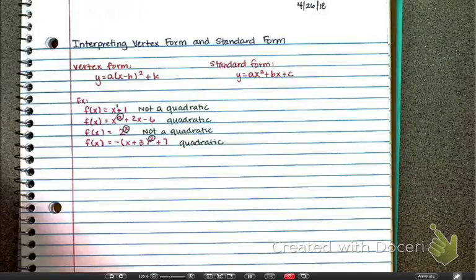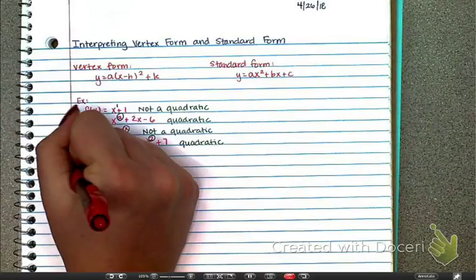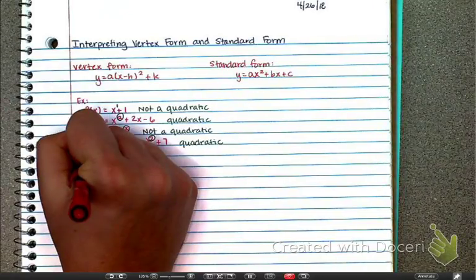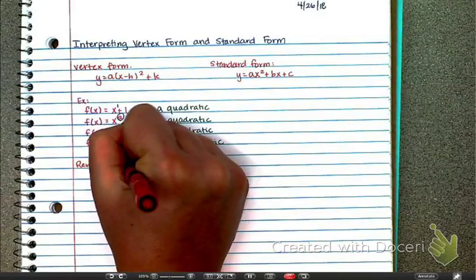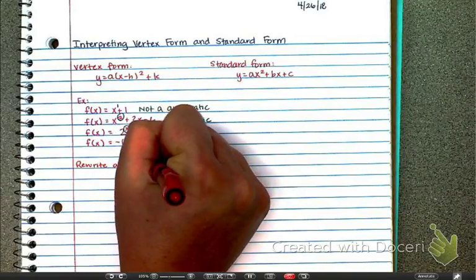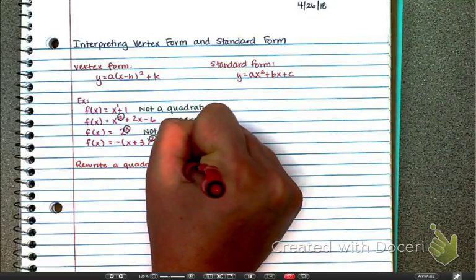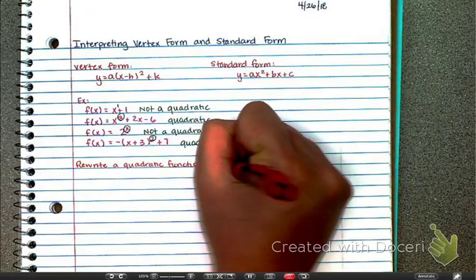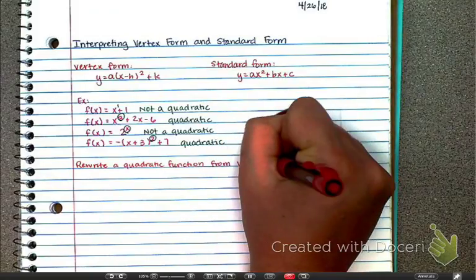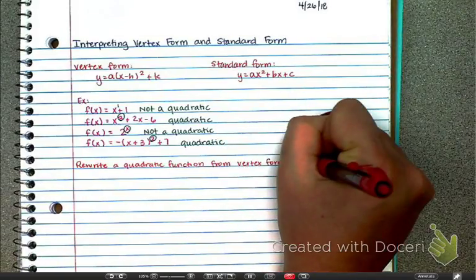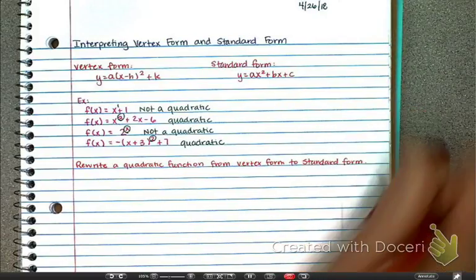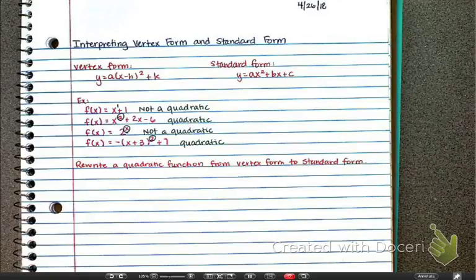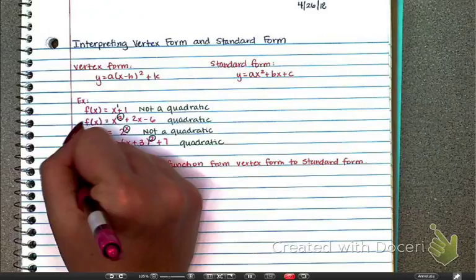We are going to rewrite, so we get to do some multiplying and stuff. We're going to rewrite a quadratic function from vertex form to standard form. So we have to know our order of operations in order to do this. Are we ready to try?